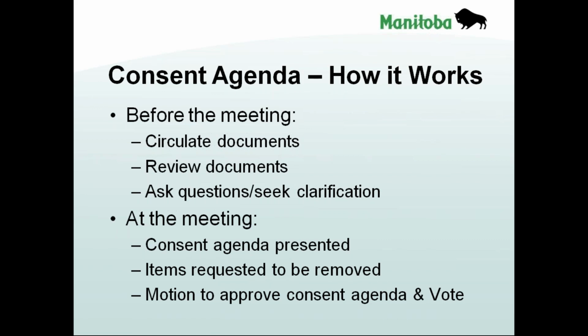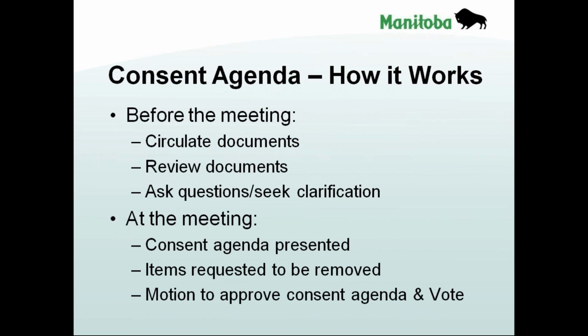What might have taken an hour now takes 5 minutes. If there are items on the consent portion of the agenda that an individual still wishes to discuss at the meeting, a request can be made by any member to pull the item from the consent agenda and add it to the full agenda.